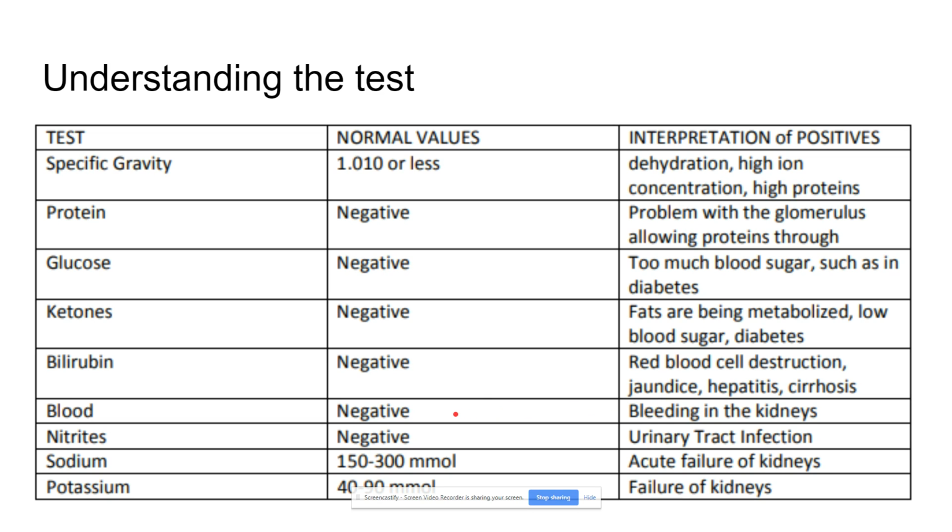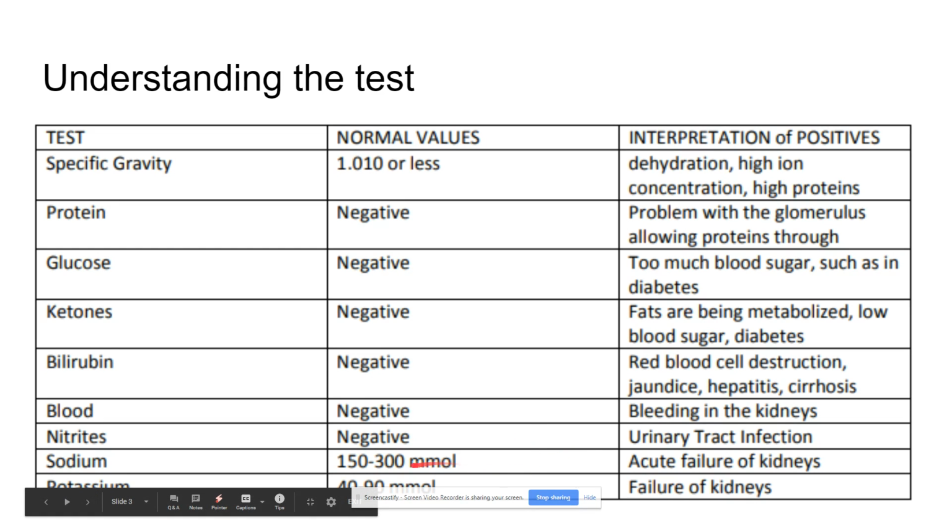Again, for blood, this would be very bad. If there's blood in your urine, you call the doctor immediately. Okay, that means that you're bleeding in the kidneys, and you need to go see somebody about that. Nitrates, again, negative. If positive, you have a urinary tract infection.